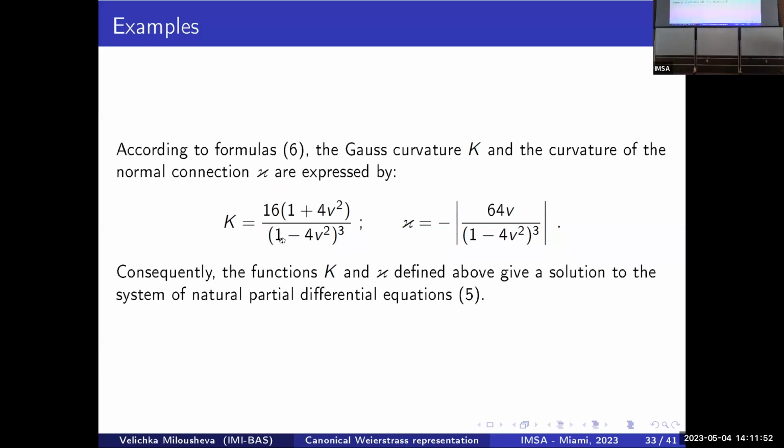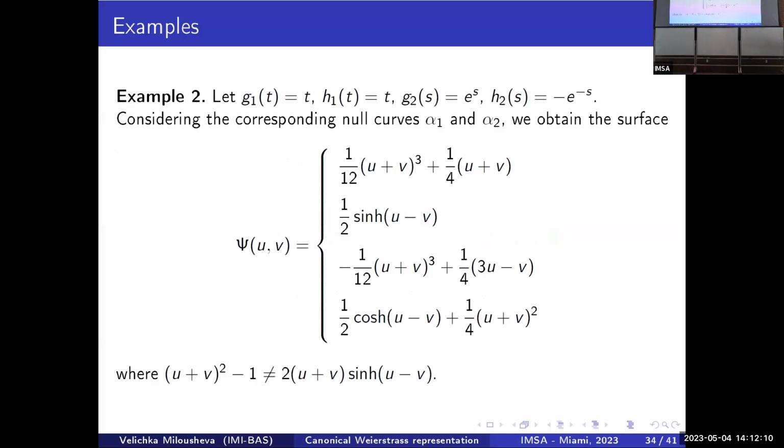We obtain actually a solution to the system of natural partial differential equations. In this example, things are easier because K and kappa are expressed in terms only of one variable. But in the second example, you will see another example.